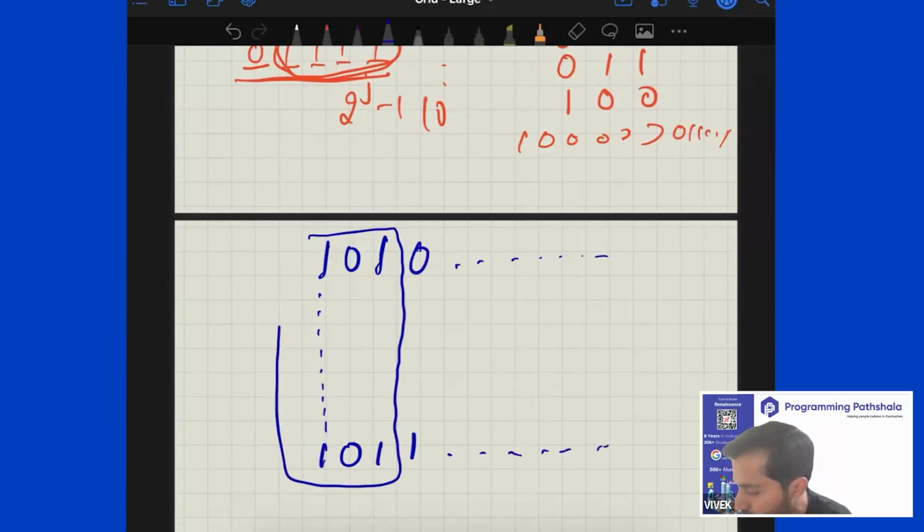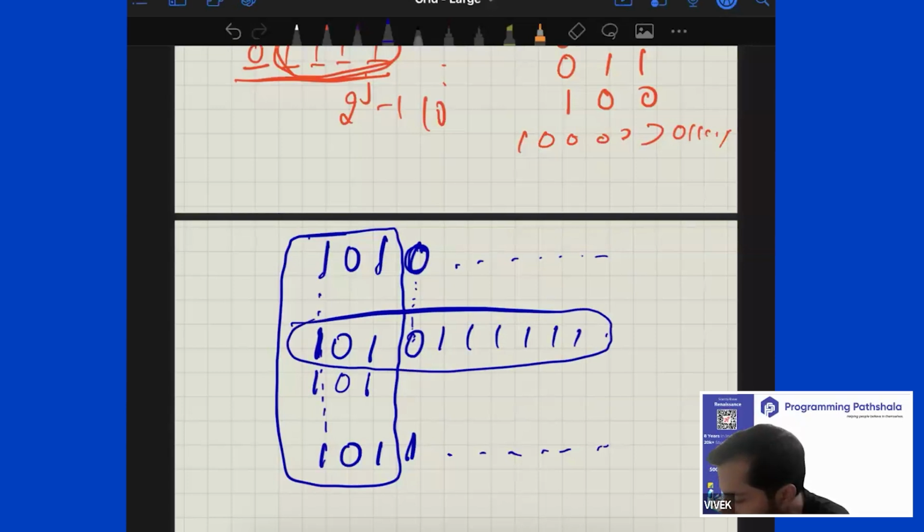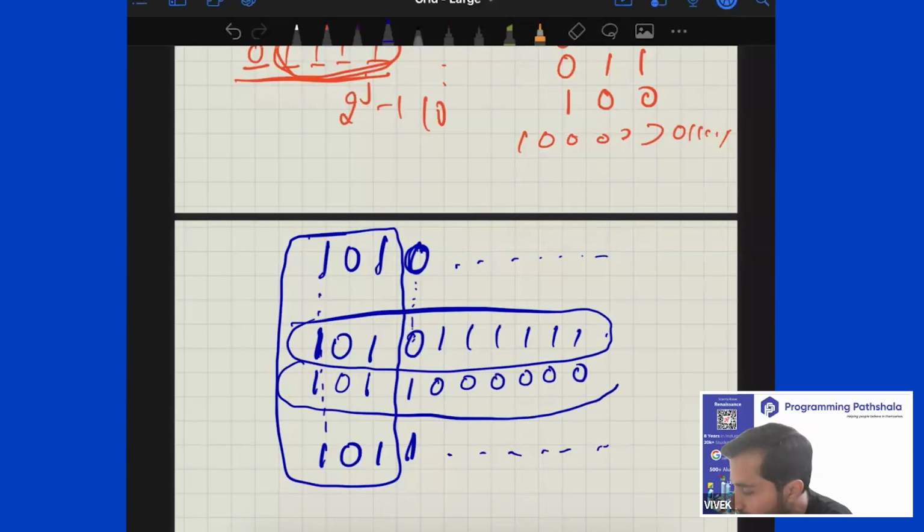I mean, this part is the same throughout, right? Now the transition from here to 1 would definitely have happened at a point where I would have gotten some number as 101 followed by 0 and all ones. And after that, 101, because if you add 1 to this, you're going to get 1 followed by 0, 0, 0, 0, 0. Now I know for sure that the XOR of this and this will be the maximum XOR.